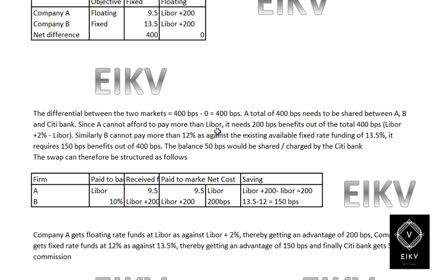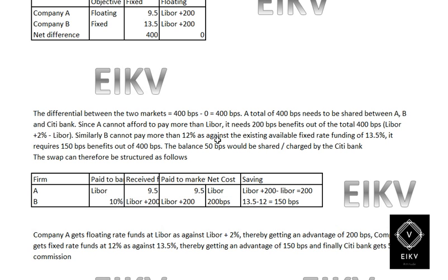Since A cannot afford to pay more than LIBOR, it needs a 200 basis points benefit out of the total 400 basis points, that is LIBOR plus 2% minus LIBOR.